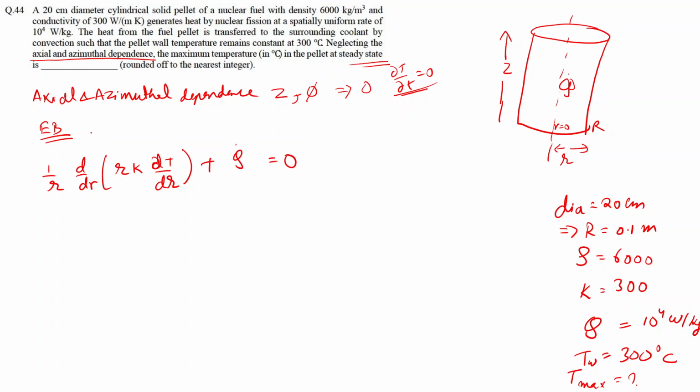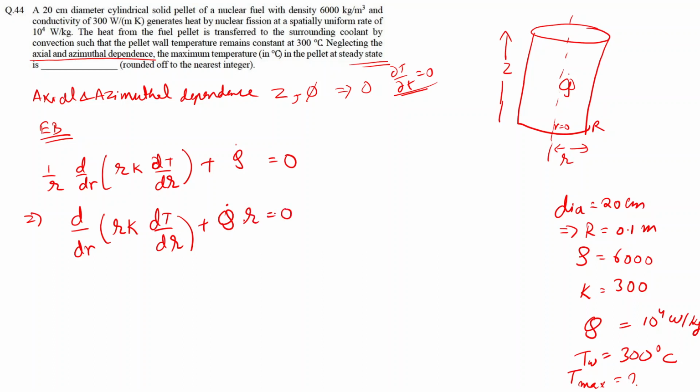So let's just solve this equation to find the temperature profile, and once we have the temperature profile, then we can differentiate it with respect to r and equate that to 0 to find the maximum temperature. We can simplify this and write it as d by dr of r k dT by dr plus q dot r is equal to 0.